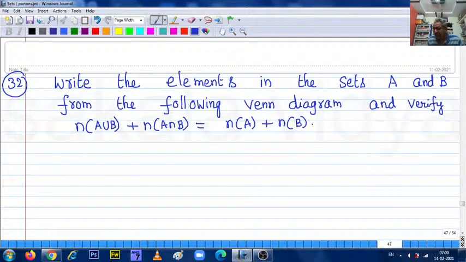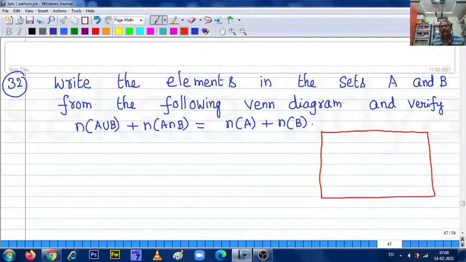So first, my request to all of you is please read the question and understand the question. That's very important. First, let me draw the Venn diagram here. This is the Venn diagram. You should be able to read the Venn diagram very carefully. That's a very important criterion.